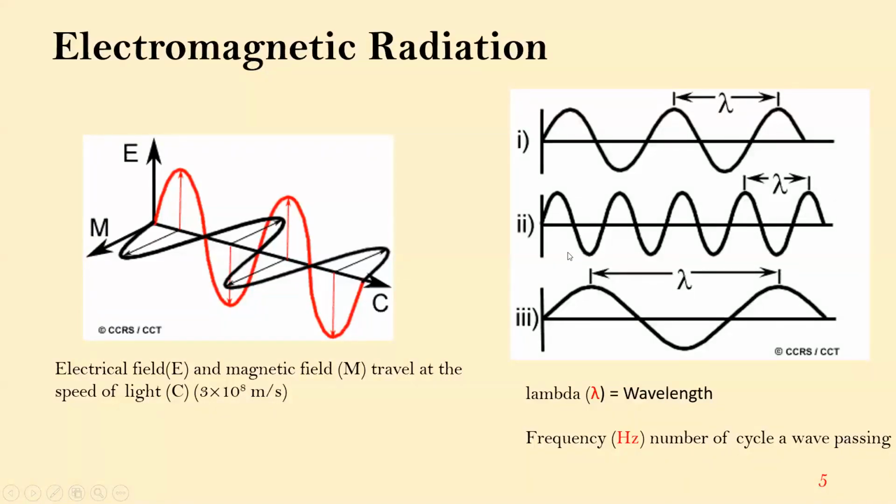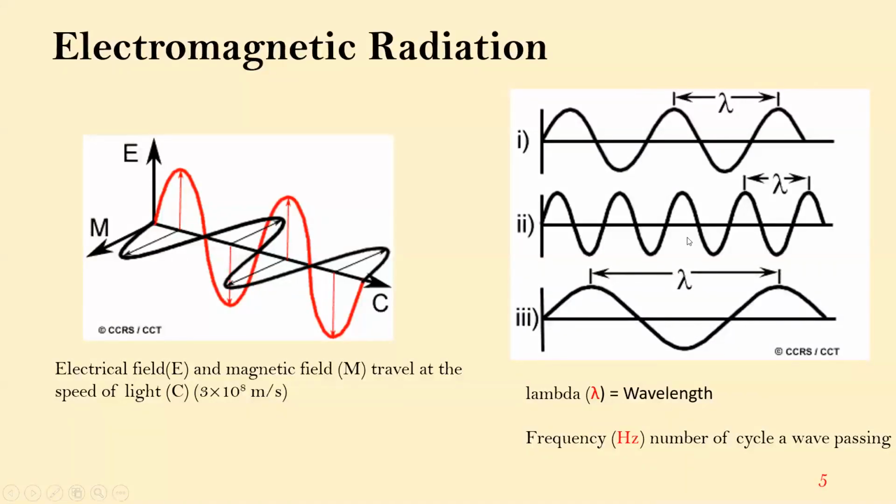The wavelength and frequency are inversely proportional to each other. If the wavelength is shorter, the frequency of that particular wavelength is higher, and so the energy carried by the wavelength is also higher.